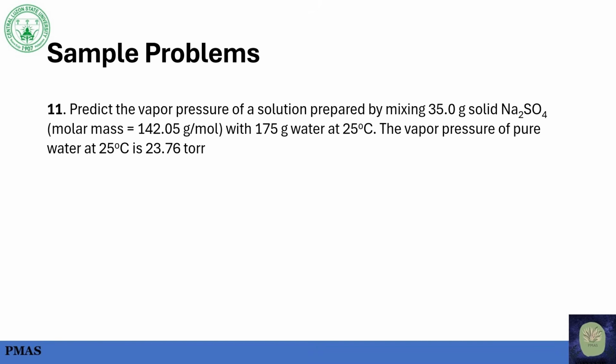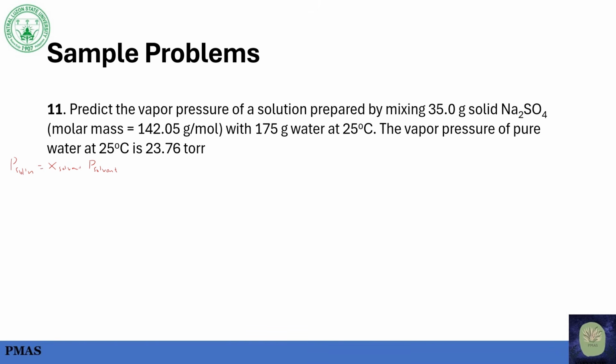So in here, we can use the equation that the pressure of the solution is equal to the mole fraction of the solvent multiplied by the pressure of the solvent. Okay?